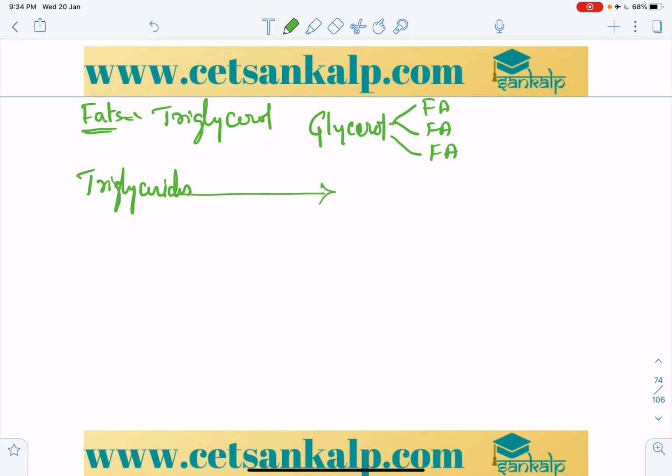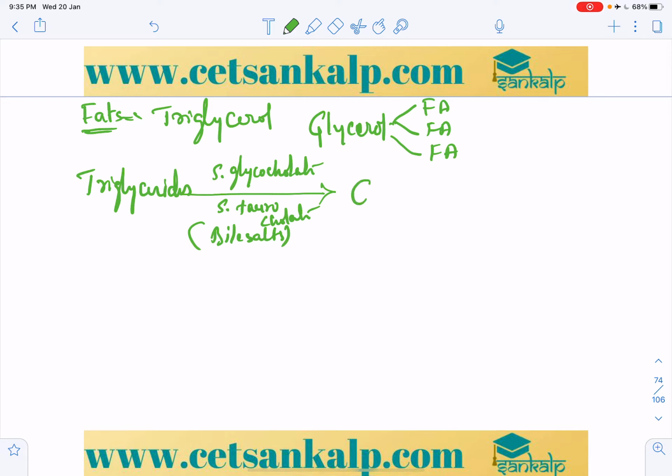In the presence of these bile salts, the fats get broken down into smaller pieces, that is glycerol with fatty acids.